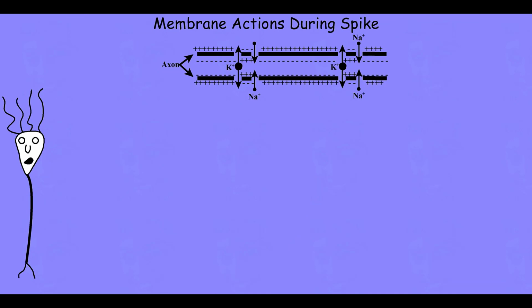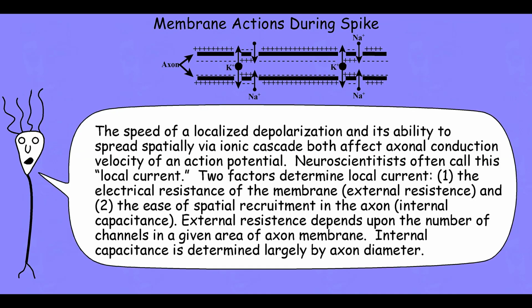Namely, what determines axonal action potential conduction velocity, and what determines the firing rate for a given neuron. The speed of a localized depolarization, how quickly it depolarizes, and its ability to spread spatially via ionic cascade both affect axonal conduction velocity of an action potential.